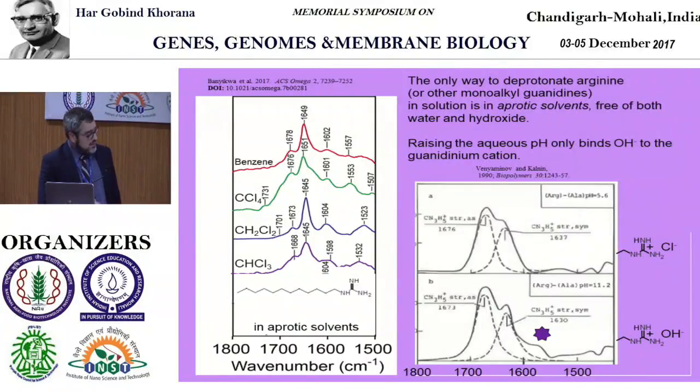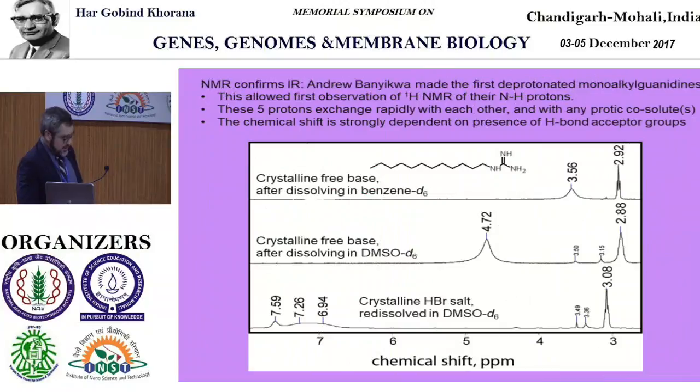And this has prompted us to do some re-evaluation of some other experiments. Now, the results from the IR are also confirmed by NMR. So this is proton NMR, and we argue that this is the first observation of the chemical shifts of the protons on the guanidine group.